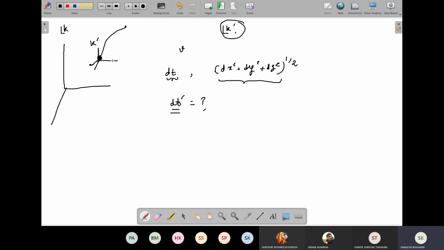That is the question, but it's very easy to answer once we have the concept of invariant intervals. You have to equate c square dt prime square, with dx prime vector being 0, because relative to that frame the particle is at rest.